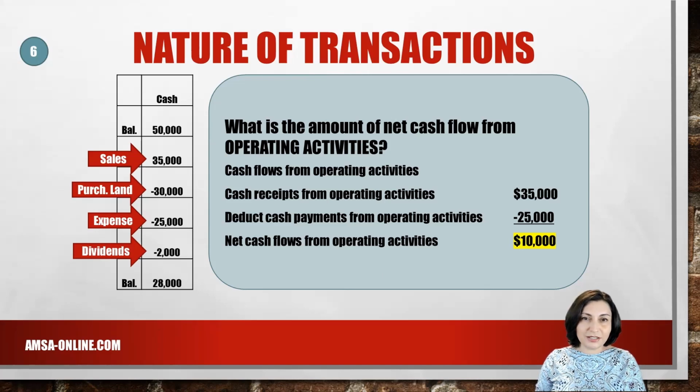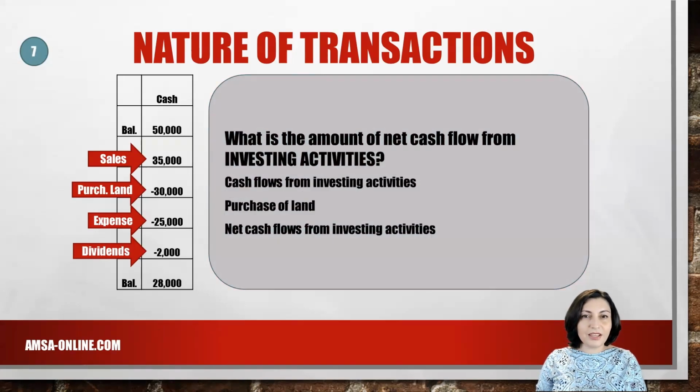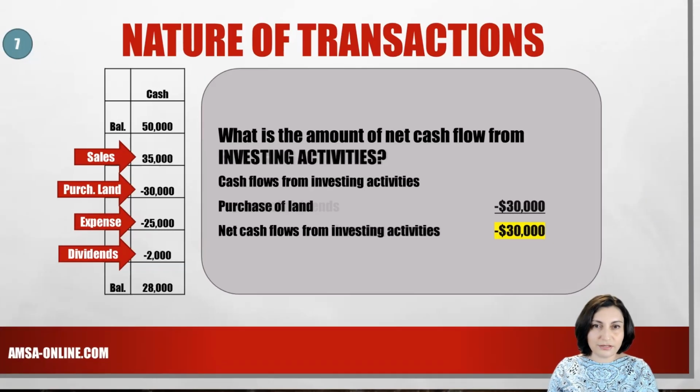amount to $10,000. Cash flows from investing activities are cash flows resulting from purchases and disposal of investments and long-lived assets. In our example, the only investing activity is the purchase of land. Therefore, the amount of net cash flows used for investing activities is $30,000.